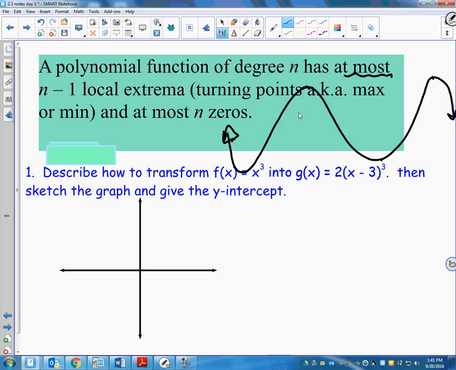At least. Right? Because it could be like x to the 10th. So it has to be at least a 5th degree polynomial.